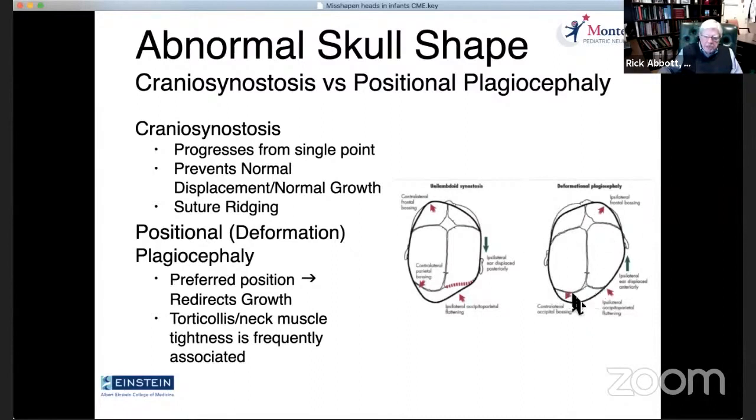It's simply displaced. So if one is laying on the back, it's preventing growth in the outward direction in the occipital area. And for that reason, the growth is displaced to the ipsilateral frontal area and the contralateral occipital area, and you end up with a shape that emulates a parallelogram. So quite easy to differentiate the two of these.